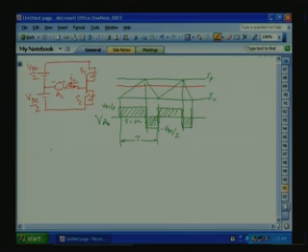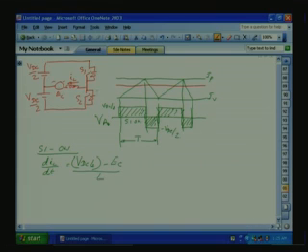Let us take when S1 is on, the di by dt, dIL by dt is equal to VDC by 2 minus EC divided by L. So if you see here, this is opposing, plus is here, minus. So VDC by 2 minus EC by L.